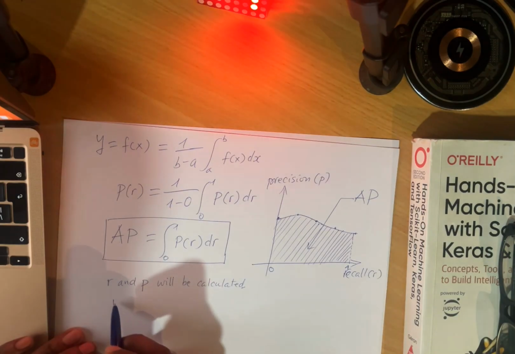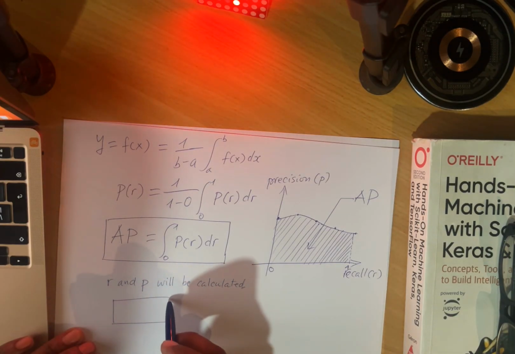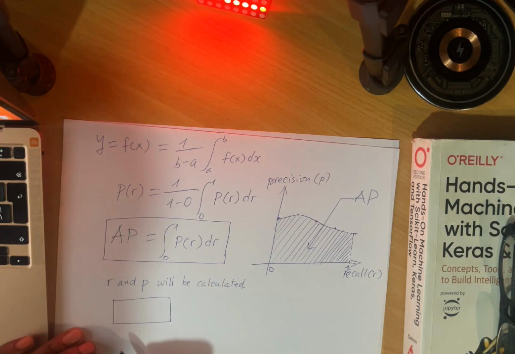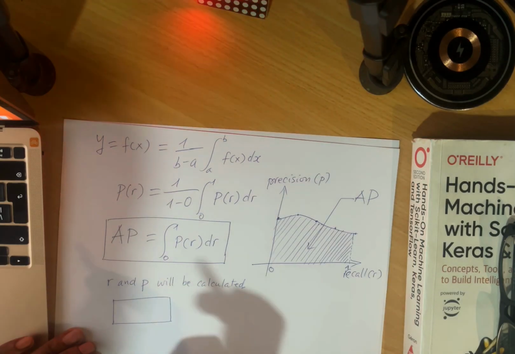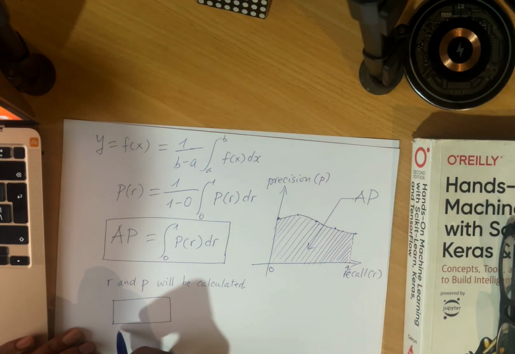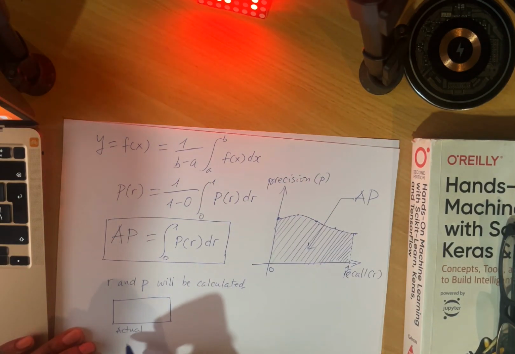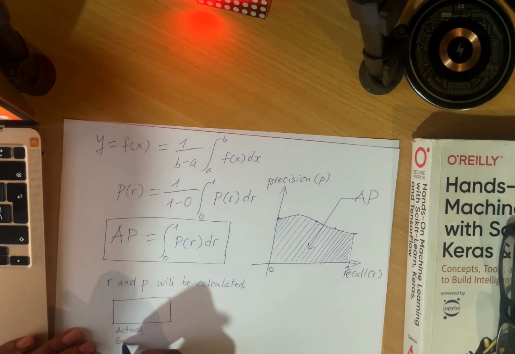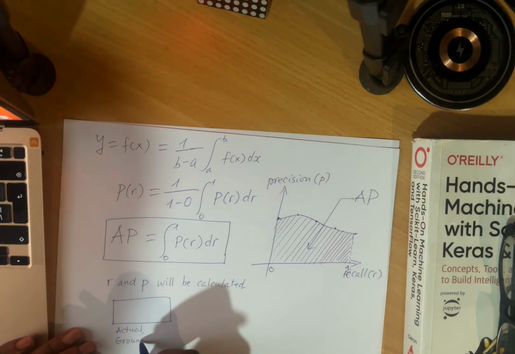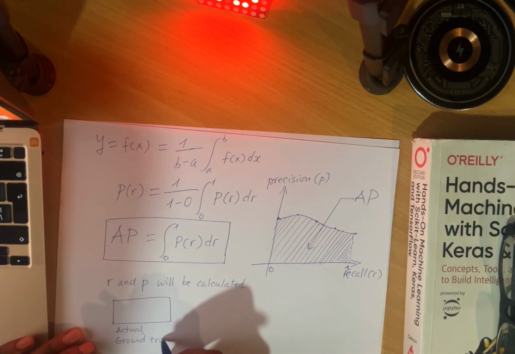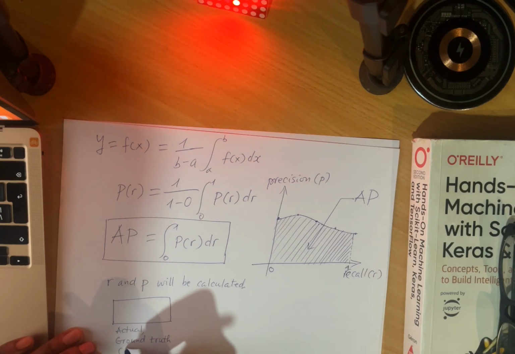Something similar to this: if you have this actual bounding box, or if you want, the ground truth bounding box, that's your label.